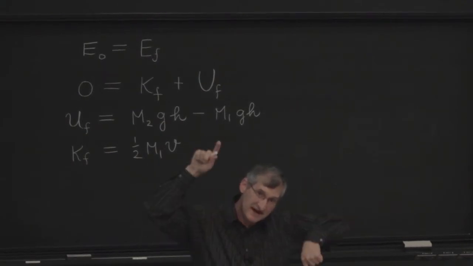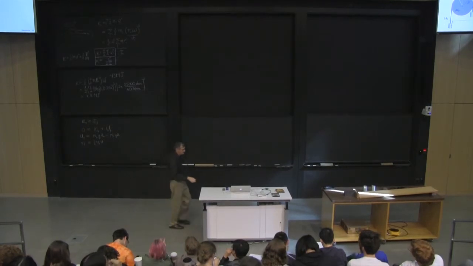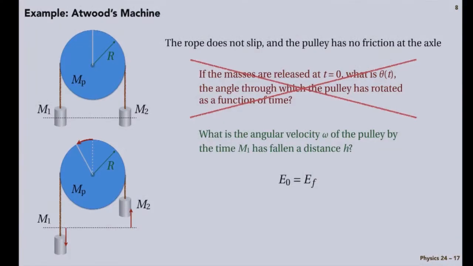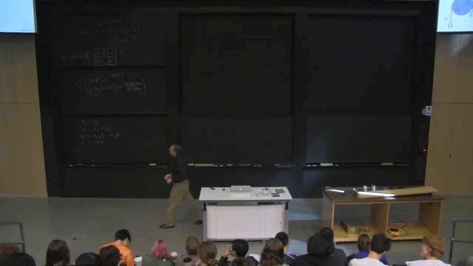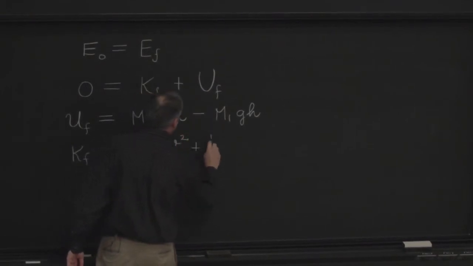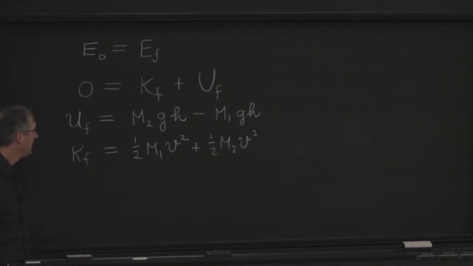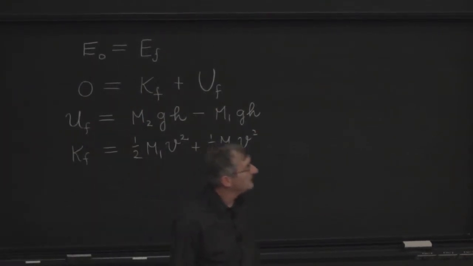If the string doesn't stretch, then however much, I was trying to indicate this with the red arrows, however much M2 goes up, then the pulley rotates an analogous amount, which we'll get to, and M1 goes down. So these three lengths have to be the same. So I'm going to call this v squared, 1/2 m2 v squared. And what about for the pulley?